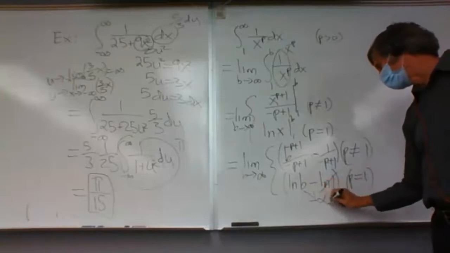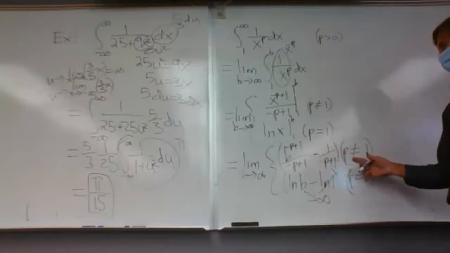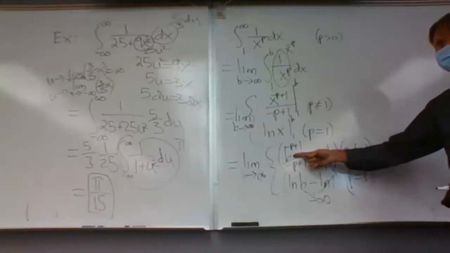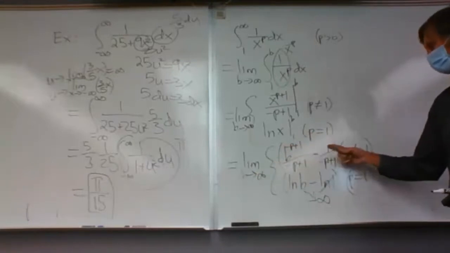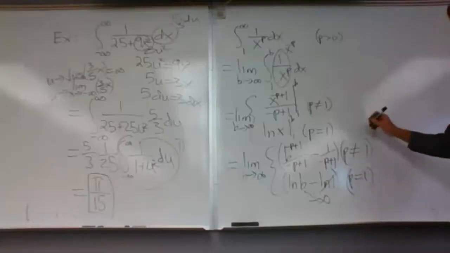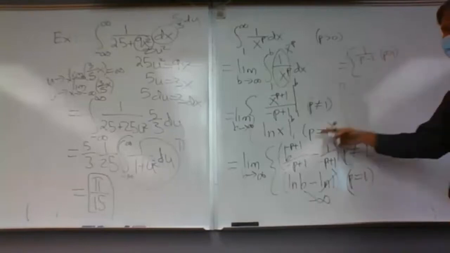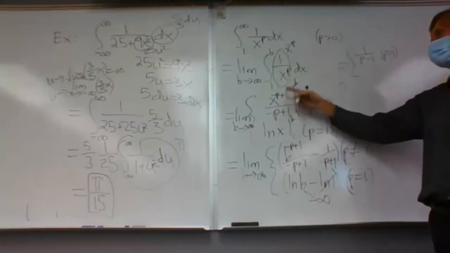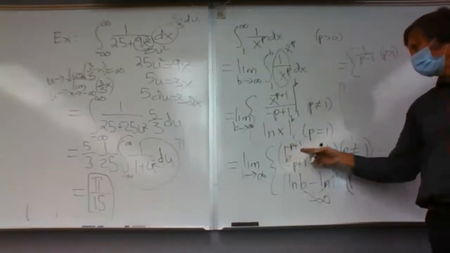That is infinity. So this bottom limit is going to be infinity when p is 1. Otherwise it comes out to be 1 over minus 1 plus p, if p is greater than 1. If p is less than 1, it's a positive power of b going to infinity.